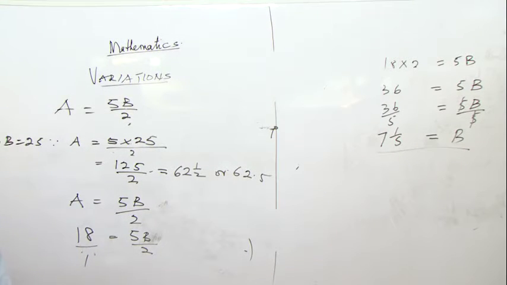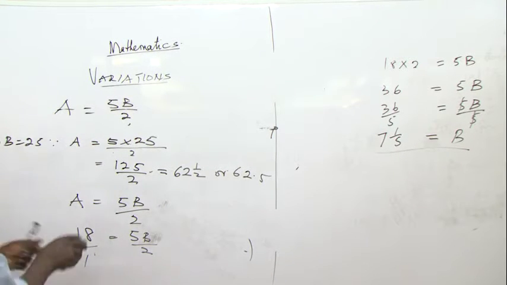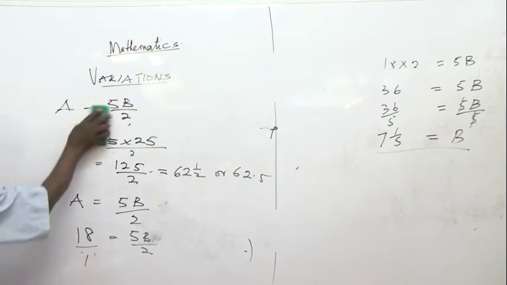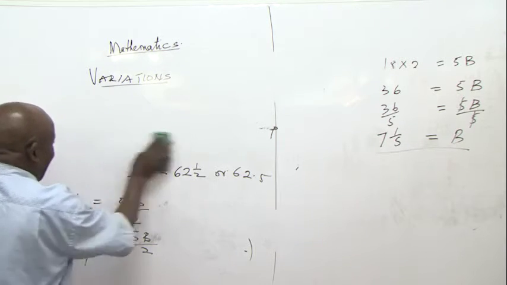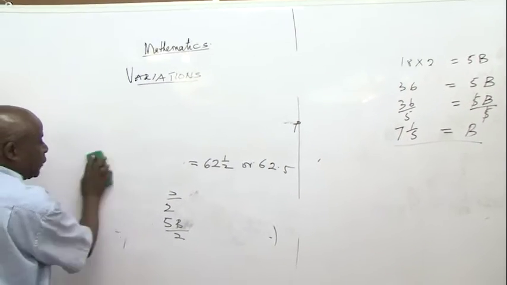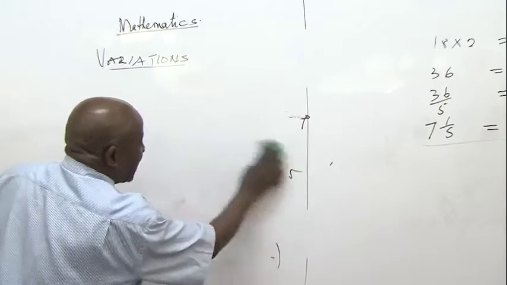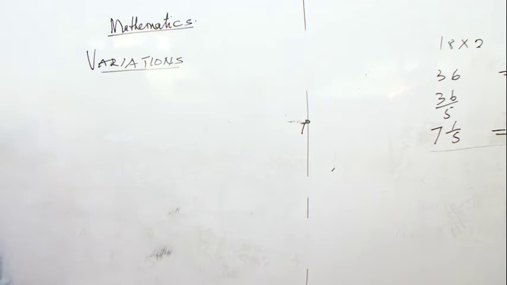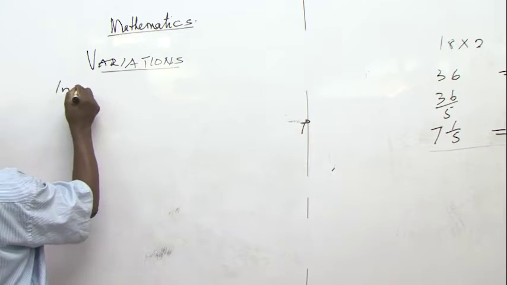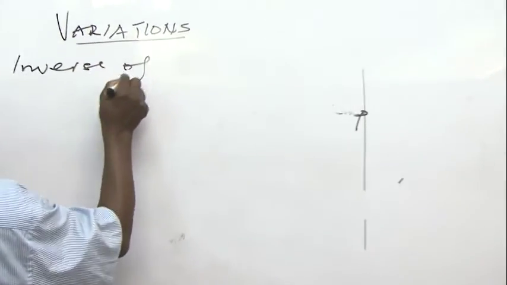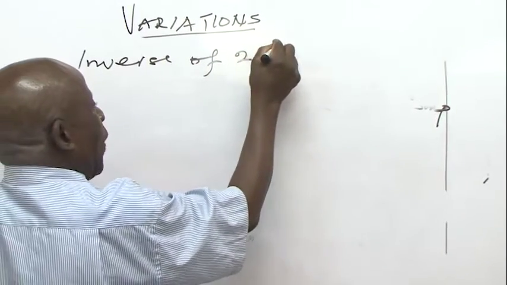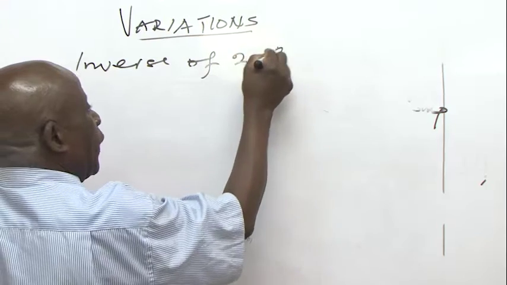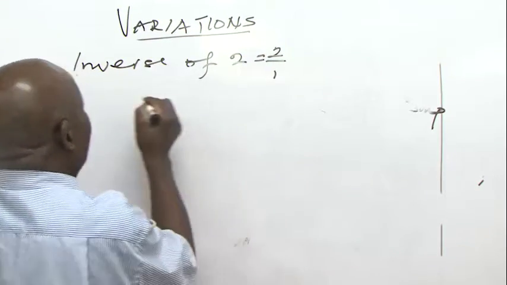Inverse. From the word inverse, you know we have multiplicative inverse and additive inverse. Inverse, not opposite now. From the word invert, the inverse of 2: you know 2 is 2 over 1.